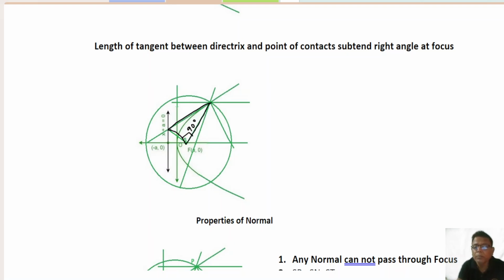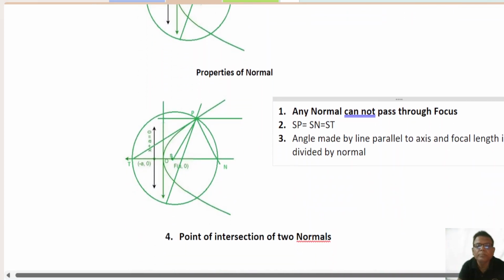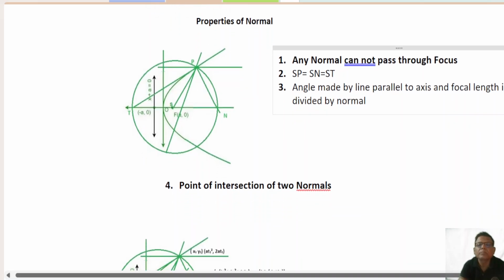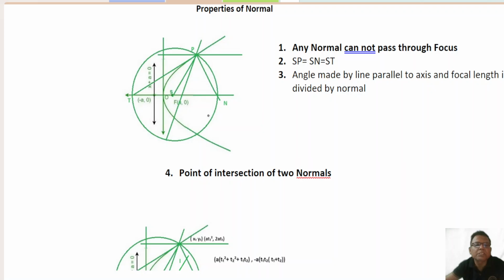Now come to the properties of the normal. First, any normal cannot pass through the focus except the axis, because the axis is also a normal at this point. So except this axis, it will not pass. And this is the normal at this point.